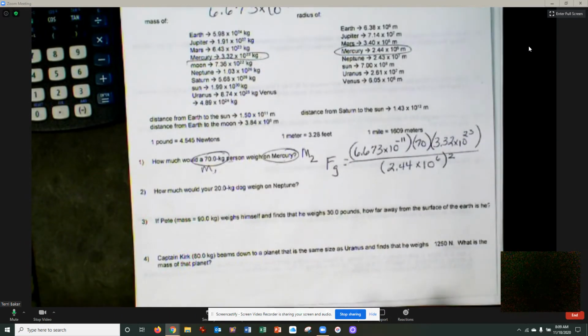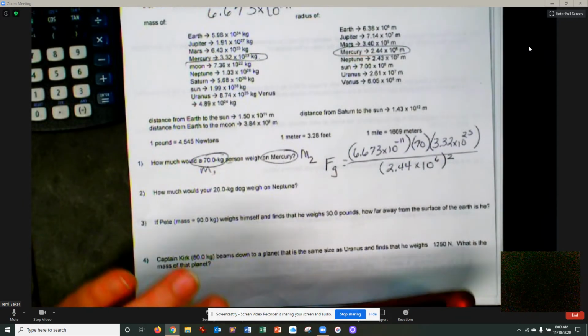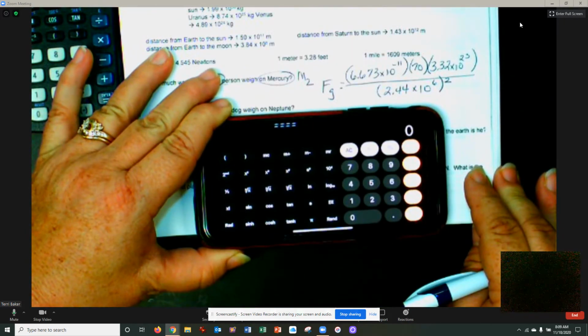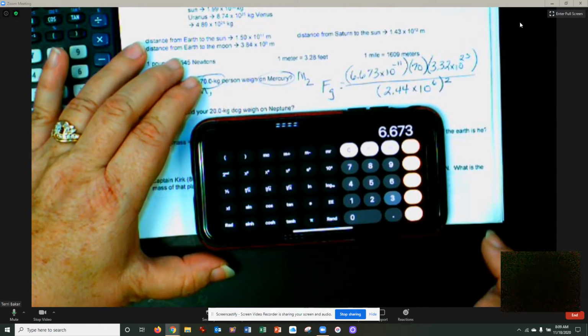The first time, I'm going to plug this into an iPhone to show you how to put in scientific notation using a cell phone. To put the constant in, 6.673.